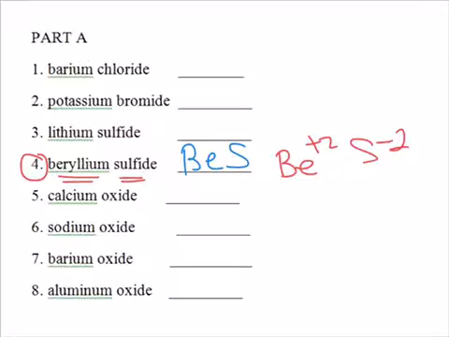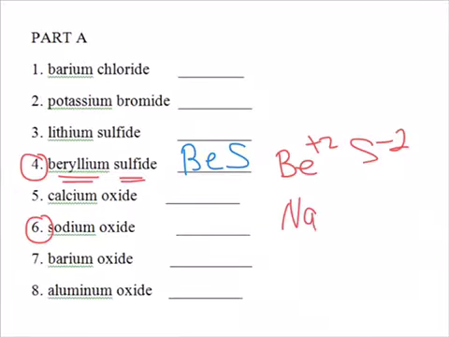Let's look at number 6. I still have students who are looking for sodium as a capital S. This scares me. This is why we did flashcards. Sodium. What is its charge?